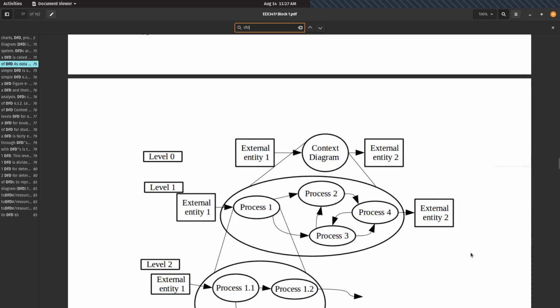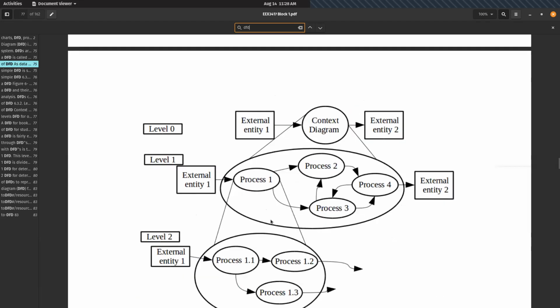We can clearly draw if these are the same. But sometimes when you draw the second level, you may need to add other entities. That is practically what is happening.